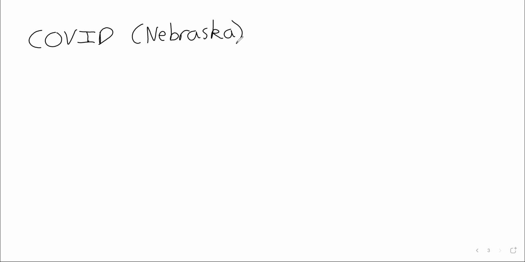If we now want to look at an example where a Markov chain is completely inappropriate, in spite of looking similar, we could look at COVID in Nebraska. And we can keep SIR.